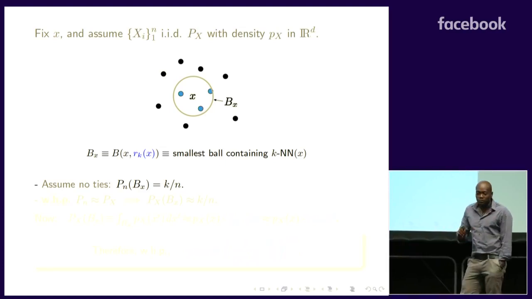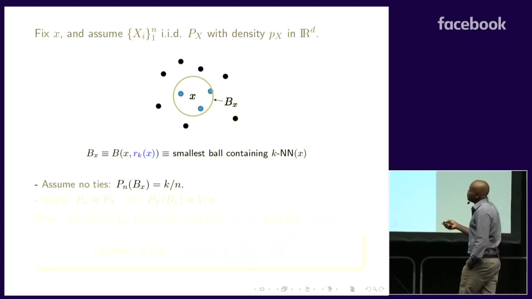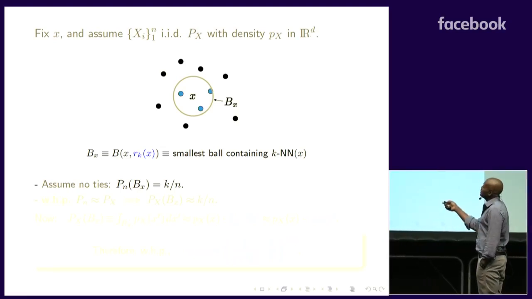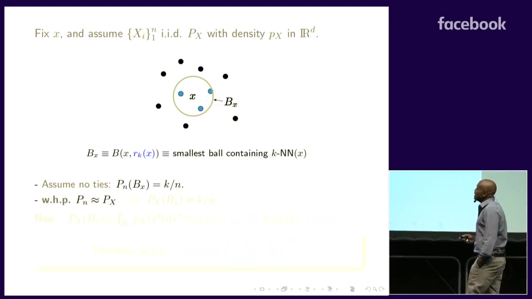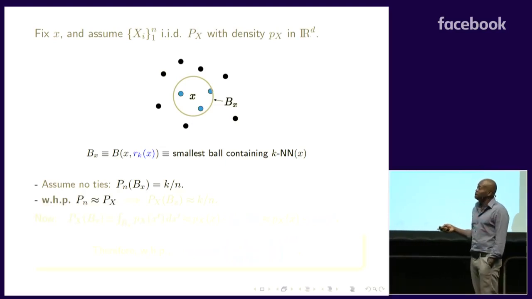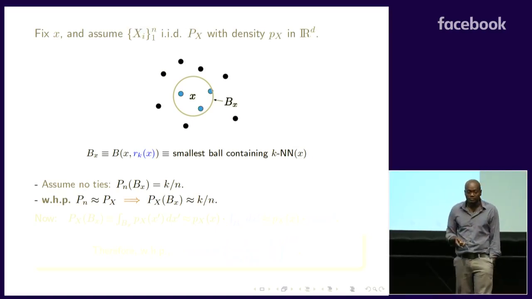First assume that there are no ties. All I mean by that is that there are exactly k points in this ball. Then the empirical mass of this ball is just k over n. Now, with high probability, the empirical mass is very close to the true mass under the real distribution px. So with high probability, px of this ball is approximately k over n.